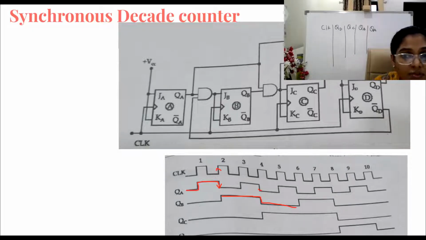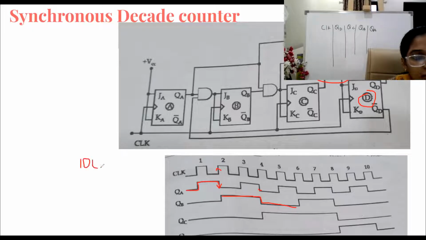After the 10th clock pulse, this AND and OR circuit immediately sends a reset signal to all these, or immediately can clear all the data, and this AND OR circuit connected to flip-flop D detects once it detects the occurrence of state 1001.